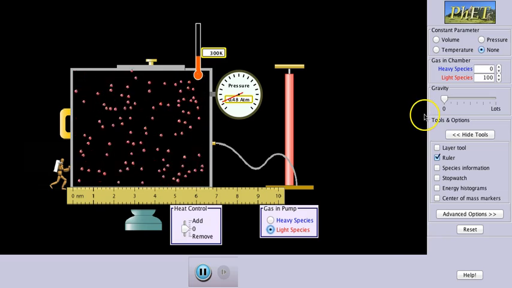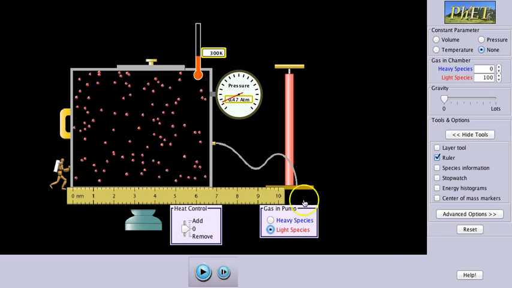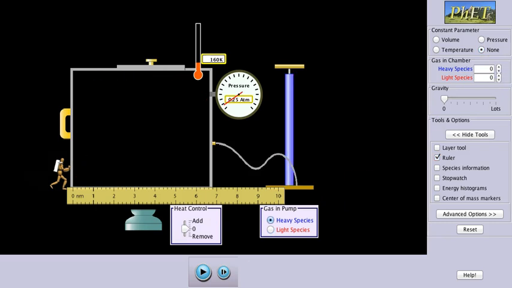We're now going to pause the sim again, remove the light species, add 100 particles of the heavy species, and before starting the sim, we want to make sure that pressure is kept constant.